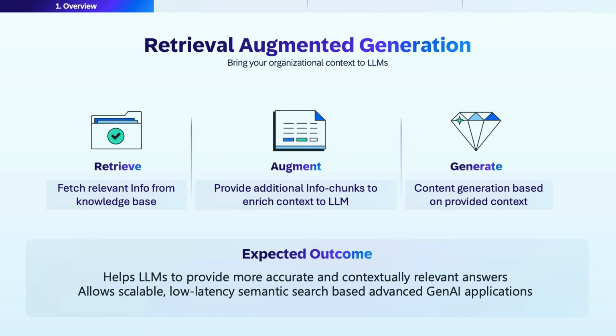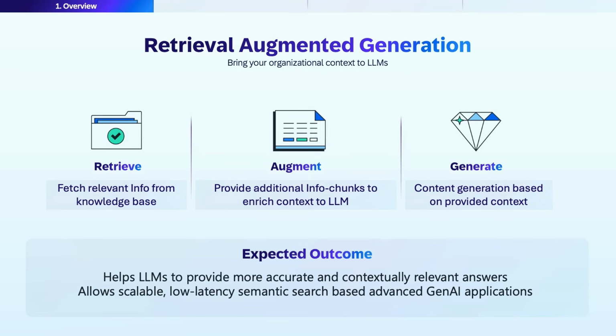In this step, LLM model generates the desired response based upon the prompt provided by you while using the augmented context. RAG technique helps LLMs to provide more accurate and contextually relevant answers based upon a knowledge base. Use of vector embeddings allows faster search capabilities, which enables scalable, low-latency generation.